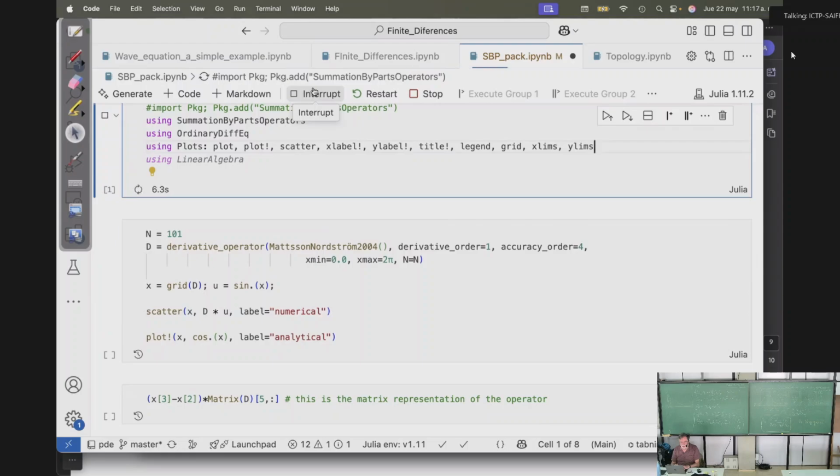If I imported all the plots, I was importing another thing that was called grid.